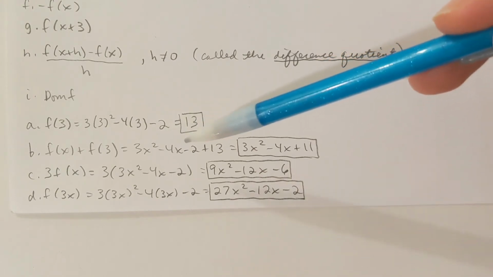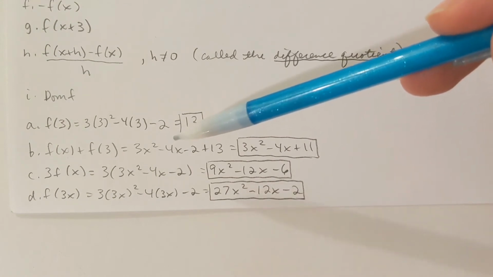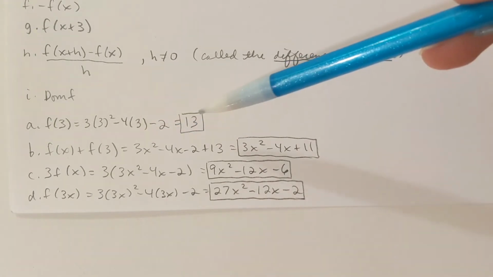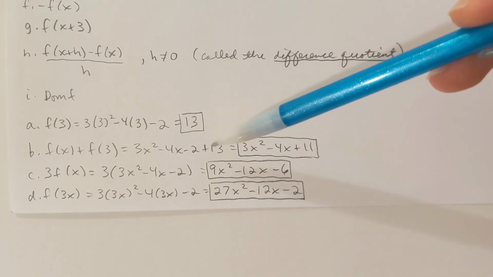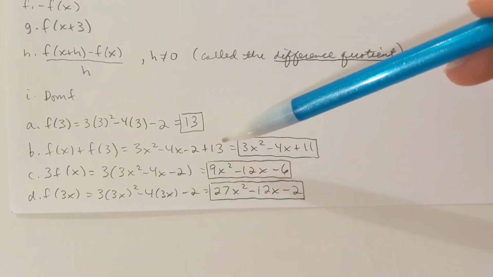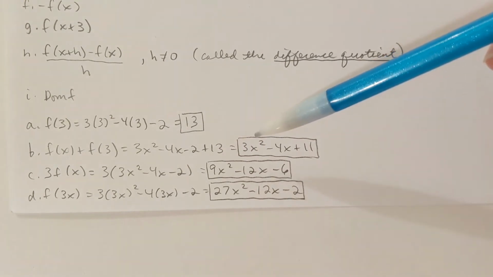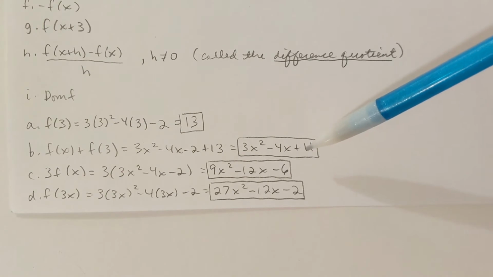Well, f of x is this equation written 3x squared minus 4x minus 2. f of 3 is 13. So all I got to do here is add 13 to the end of the function, combine my like terms. 3x squared minus 4x plus 11 would be the answer.